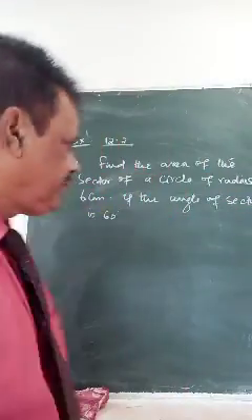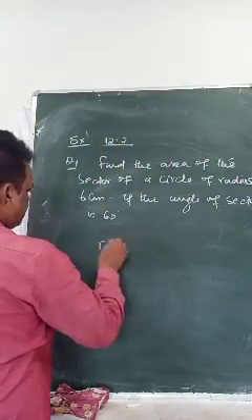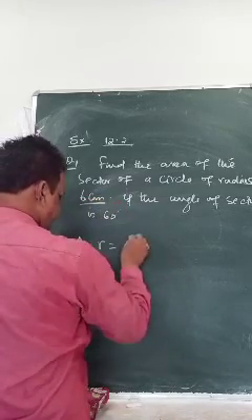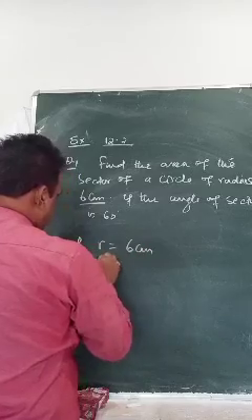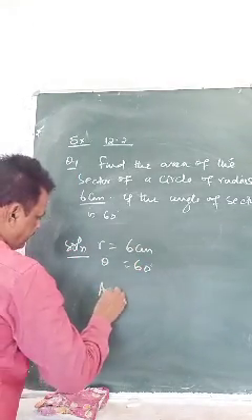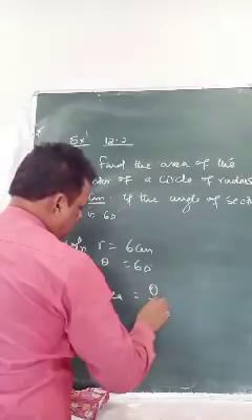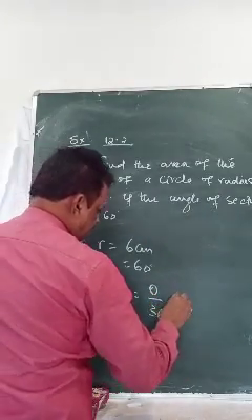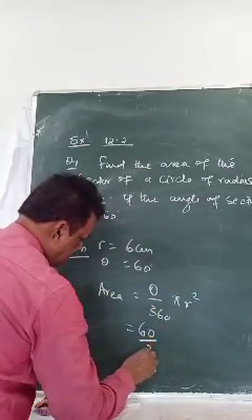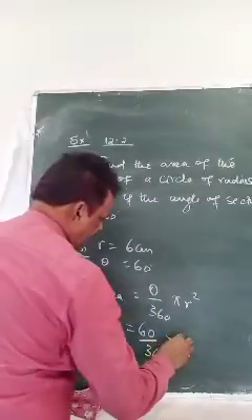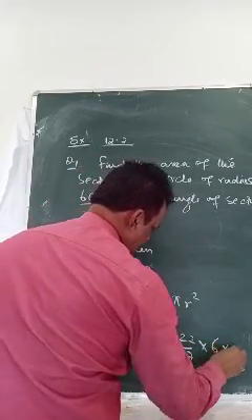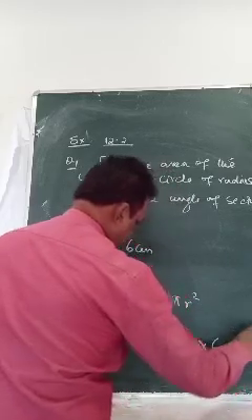Radius is given. What is r? 6 centimeter. Theta is 60 degree. So area is theta by 360 pi r square. 60 by 360, pi means 22 by 7, 6 into 6 centimeter square.